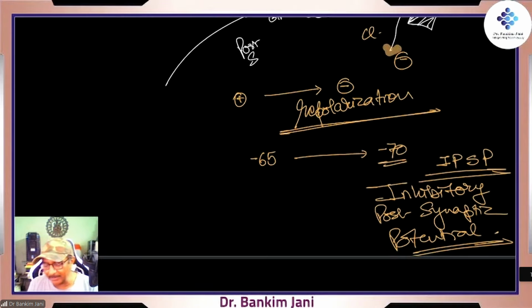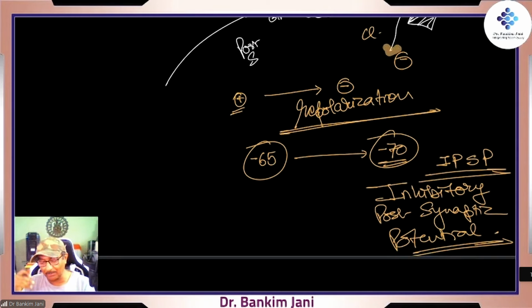Negativity is increasing. From positive to negative, or minus 65 is less negative, minus 70 is more negative. Right now, don't worry about the timing part, because there is a constant change. Step by step learning. Correct?